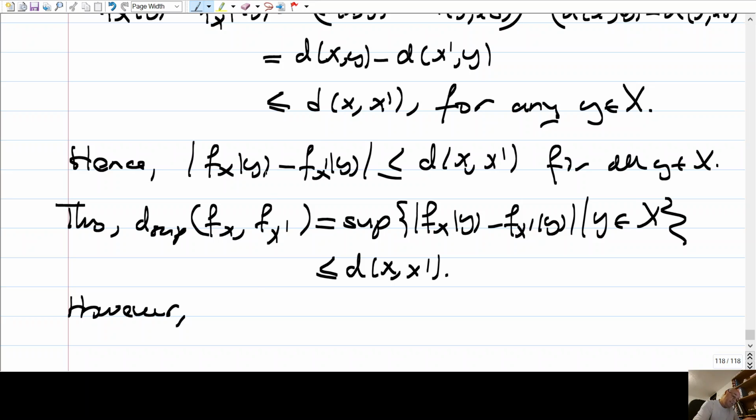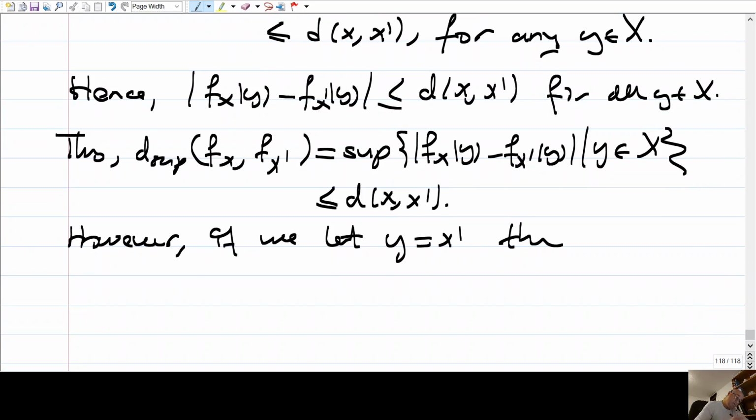However, if we let y equal x, then we get this difference.